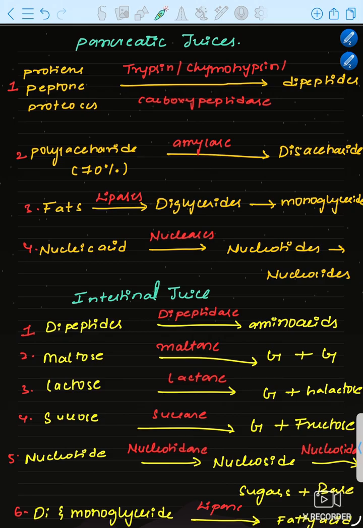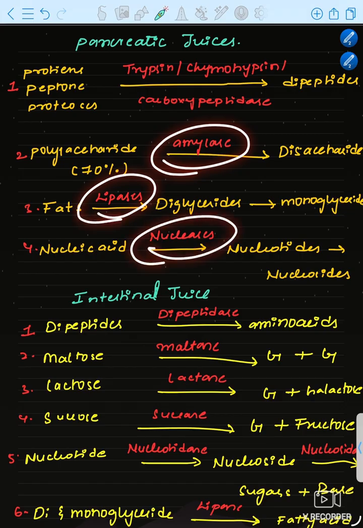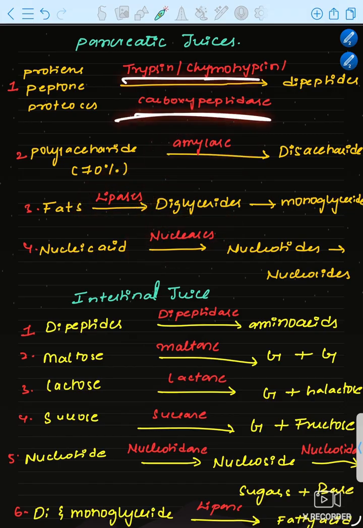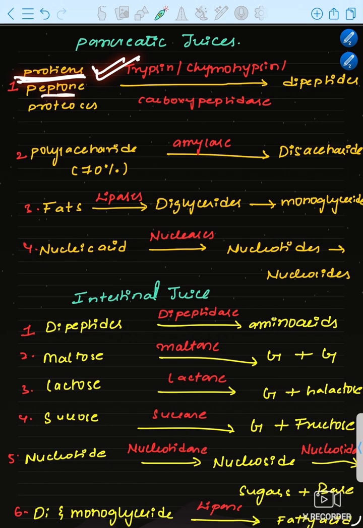Now next is pancreas. Pancreas has trypsin, chymotrypsin, carboxypeptidase, meaning protein. Next carbohydrate, for carbohydrate amylase is there. For fats lipase is there. For nucleic acid nuclease is there. So trypsin, chymotrypsin and carboxypeptidase, what do they break? New proteins will be broken down, and the already broken products from gastric juice, that is peptones and proteases.